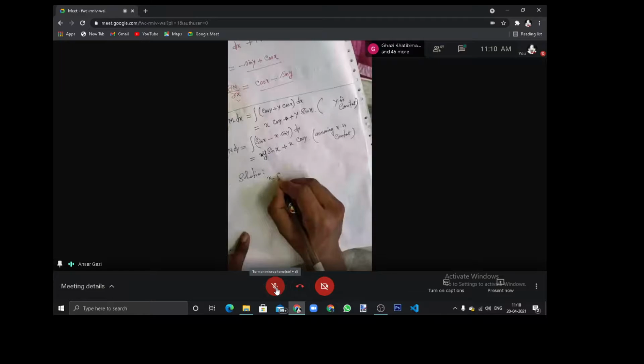Okay. So next, what is the integrating factor of any differential equation? There are some important differentials that all of you should recall.